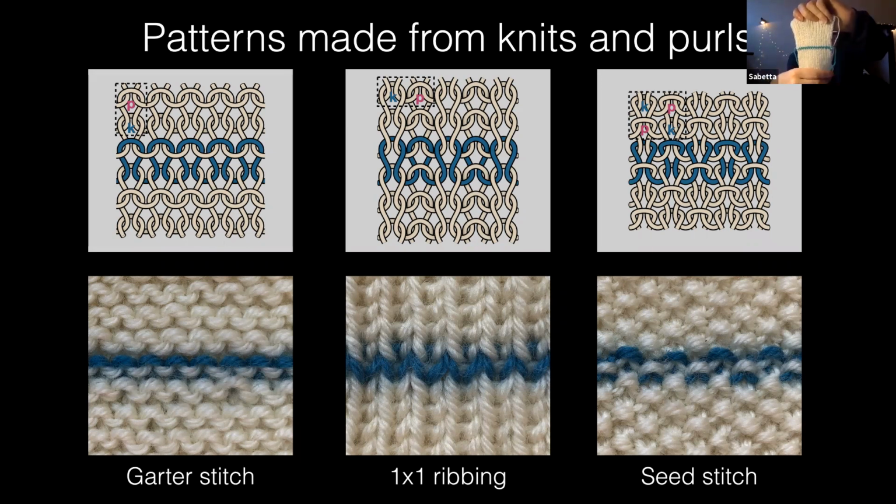But if you're interested in jamming, that is a thing that is relevant to this. So it's not very stretchy in the vertical direction, but it's almost an order of magnitude more stretchy in the horizontal direction than the other fabrics. And then seed stitch is sort of a mix of everything. Like it's pretty stretchy vertically, and it's pretty stretchy horizontally, but it's not going to break any records in either case.